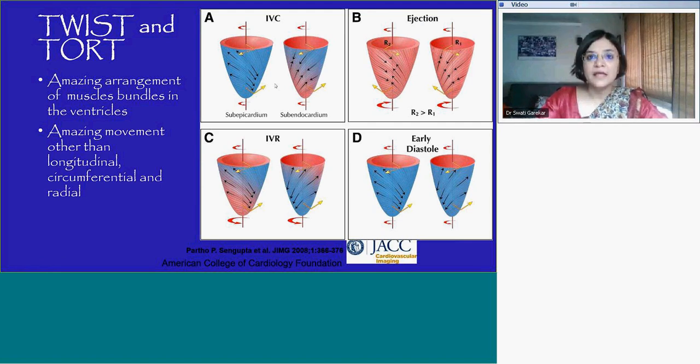That suction effect attracts blood from the left atrium into the LV, and the suction effect is impacted because if the LV is not allowed to untwist properly, whether it's energy deficiency or something in the myocardium, then your diastolic parameters obviously suffer.